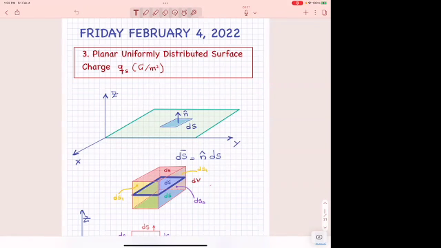So we did a three-dimensional charge, both at a point and distributed. We did a two-dimensional charge, a line charge rather, that is along a straight line and infinite. And now we are going to do a charge that is on a surface, but an infinite surface.